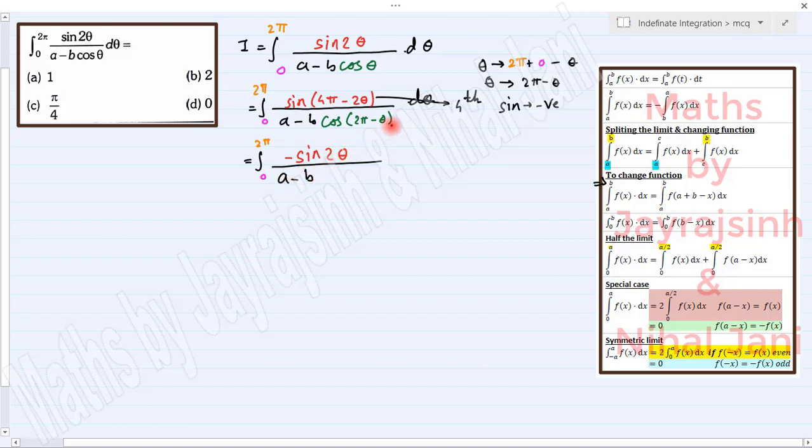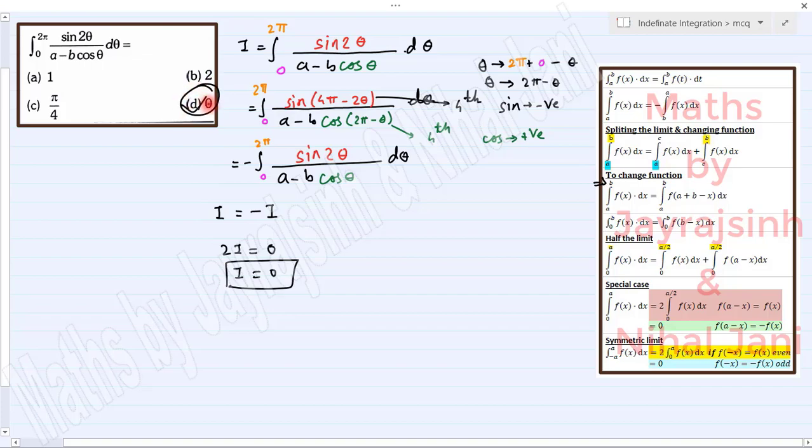This cos of 2 pi minus theta is actually again in the fourth quadrant where cos is positive. So this will be simply cos theta. If we take this negative sign out of the integration, we will get minus I. So here we have I is equal to minus I, or we can say 2I equal to 0, which will give us I is equal to 0, which is given in option D.